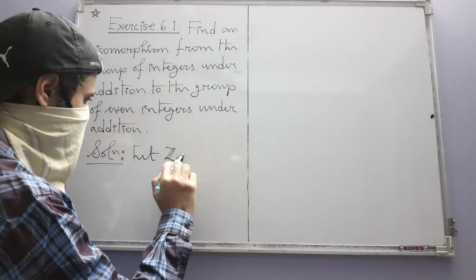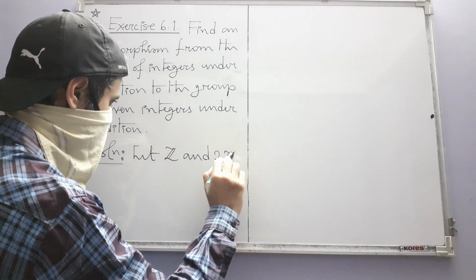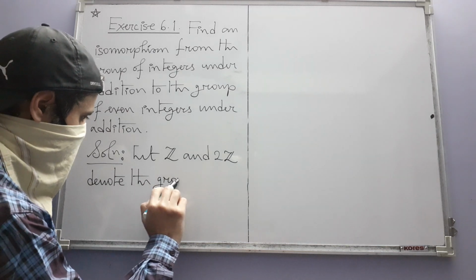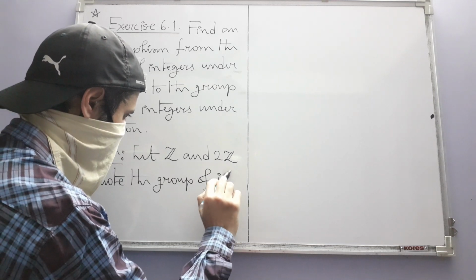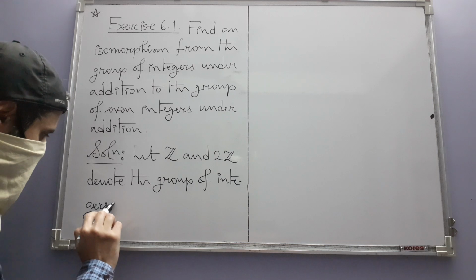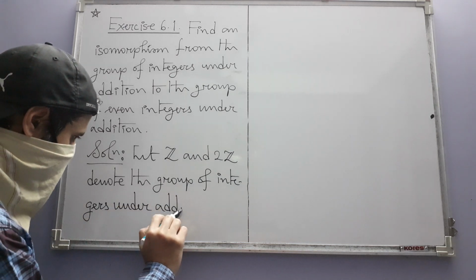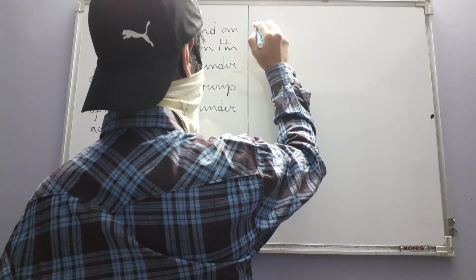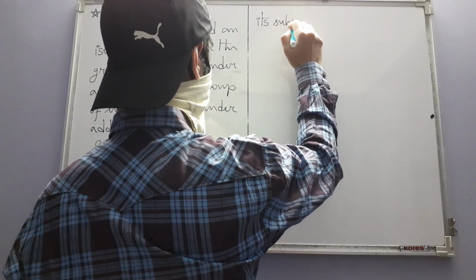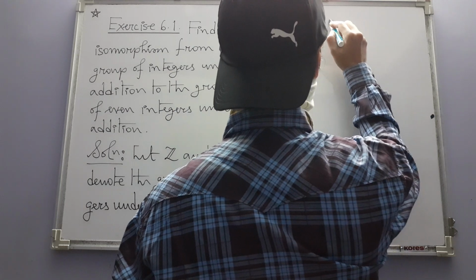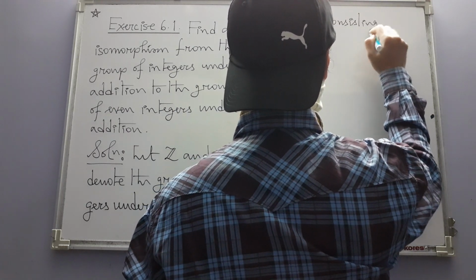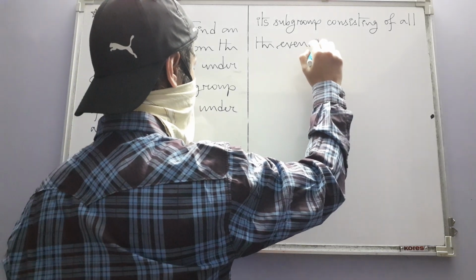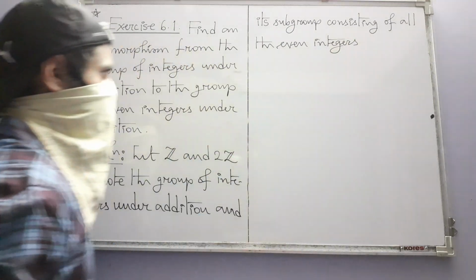Let Z and 2Z denote the group of integers under addition and its subgroup consisting of all the even integers respectively.